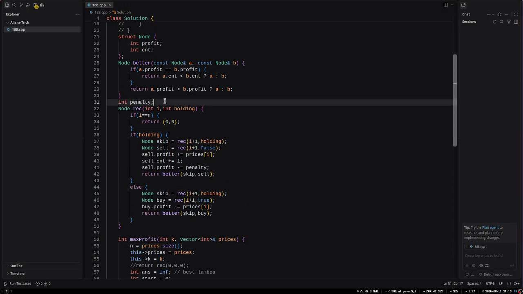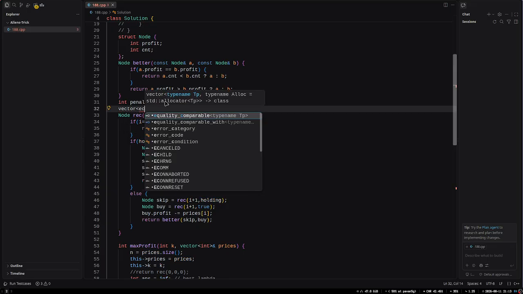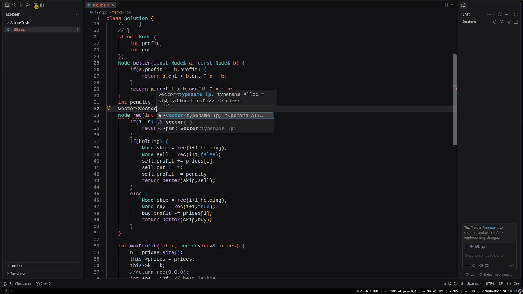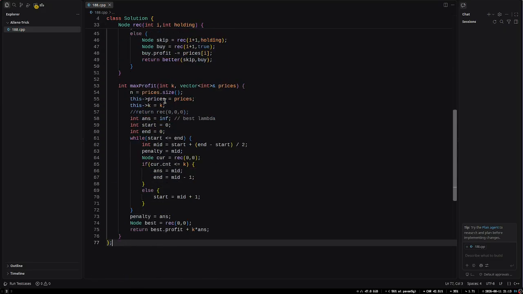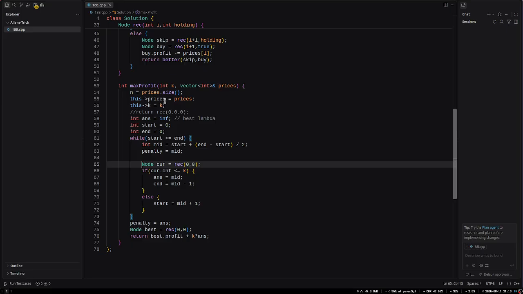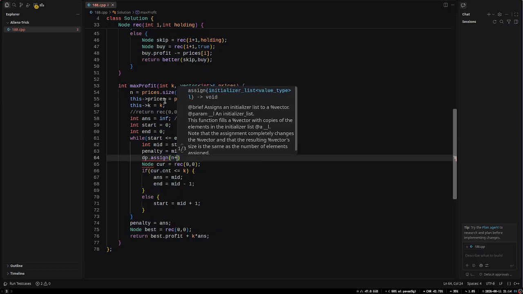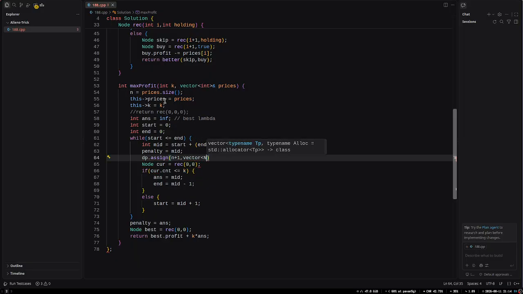Okay, so I would take a vector of node, dp, and before calling the recursion every time, everything is a fresh recursion, so I would do dp dot assign n+1 and vector of node.